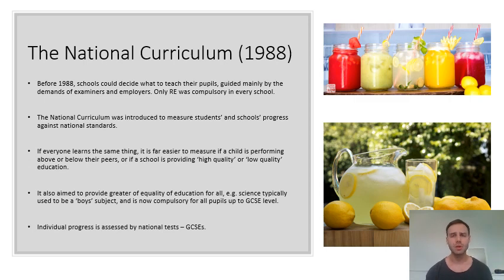Therefore, the government wanted a way of measuring schools so that they could say these are the best schools in the country and these are the worst schools in the country. And therefore, they created a curriculum that was the same for everybody. Everyone has to learn that, and every school has to teach that if they're governed by a local authority in England.